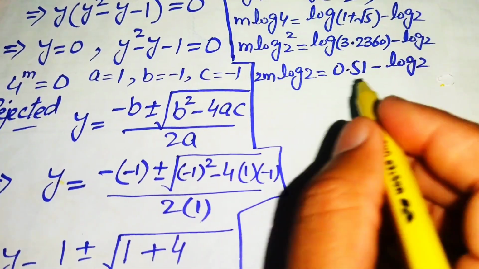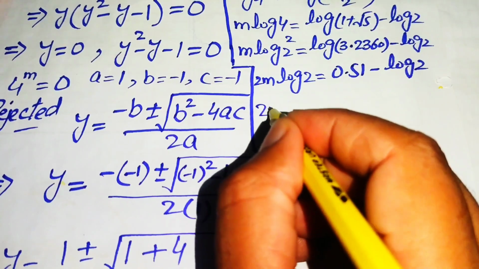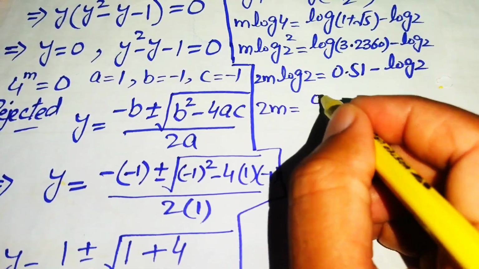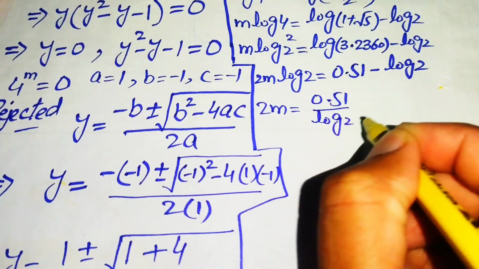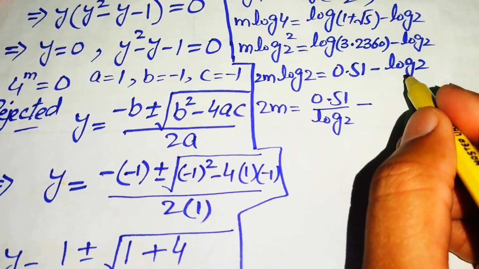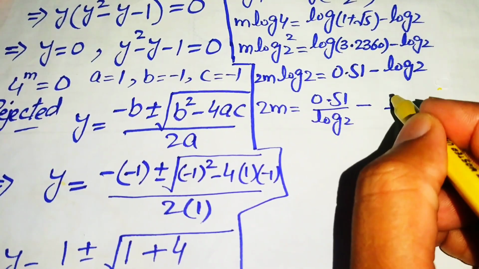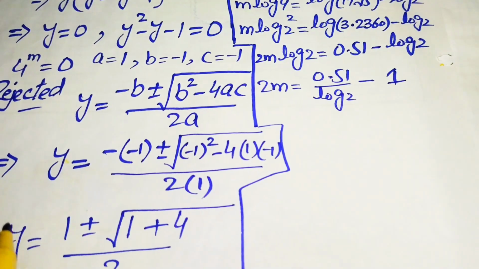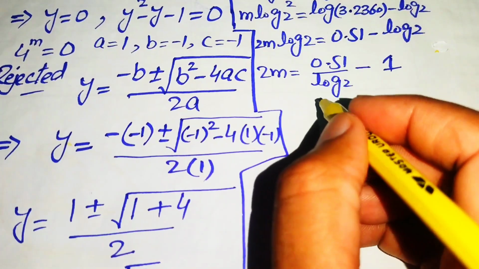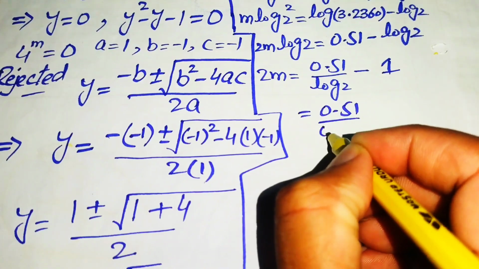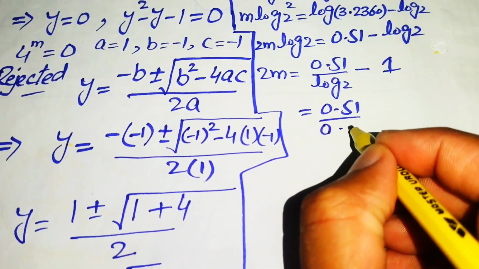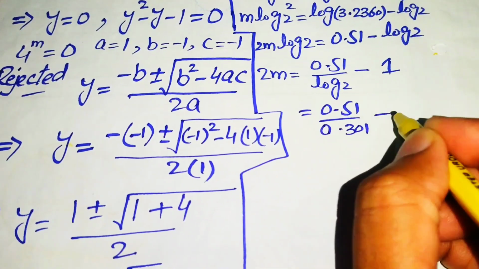So here we divide both of the sides by log 2 and we get 2m equals 0.51 over log 2 minus, when we divide this by log 2, it will cancel each other and we get 1. So here we know that the value of log 2 is 0.301, minus 1.